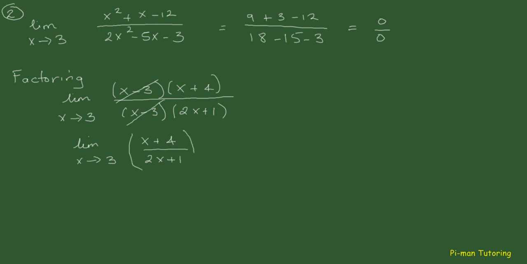Now you'll remember that when we usually cancel those factors in that fashion, we introduce a restriction on the function that says x cannot be equal to 3 in order to be able to divide top and bottom.